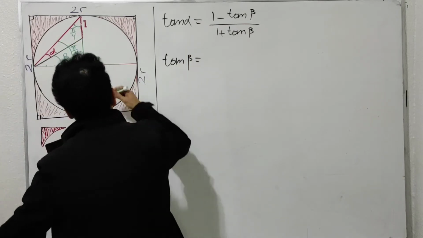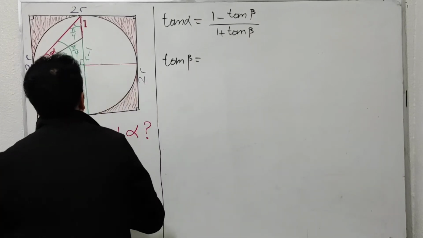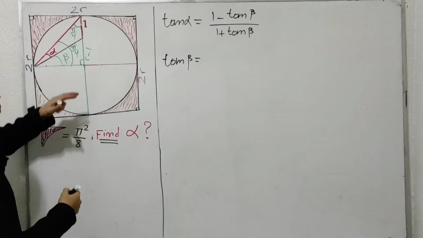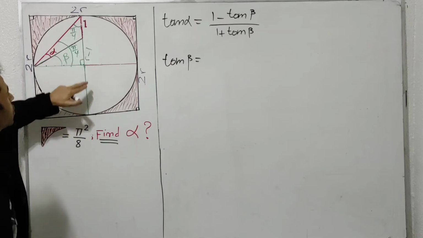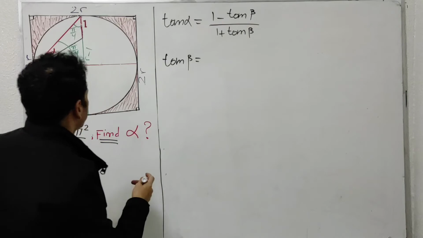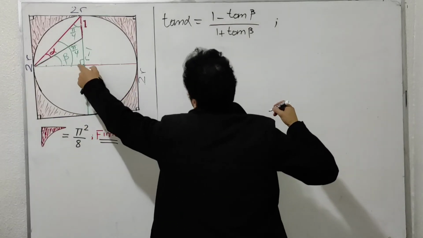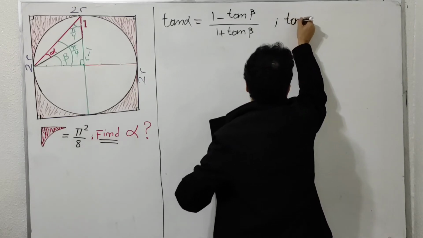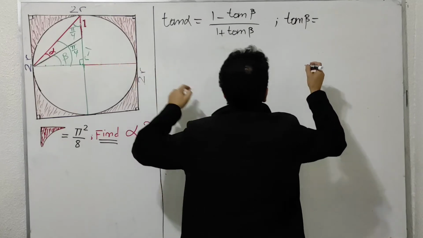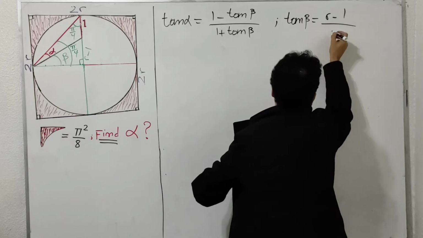This distance is r minus 1, because the side length of this one is r, because the radius of this circle is r. I'm going to apply tangent beta on this small triangle. I get tangent beta equals opposite, which is r minus 1, divided by adjacent, which is r.